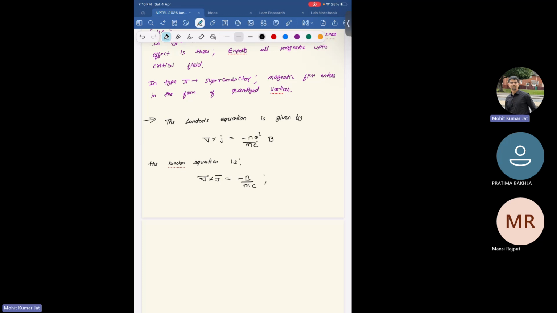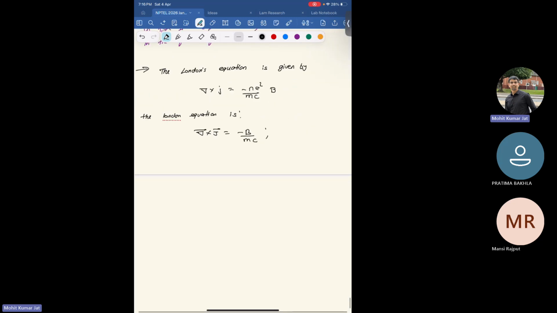But if you use this convention of the Gaussian units, it's just a matter of units, like the units which you use, right?